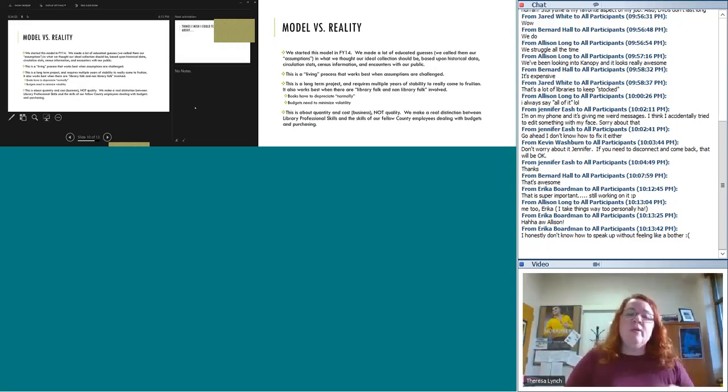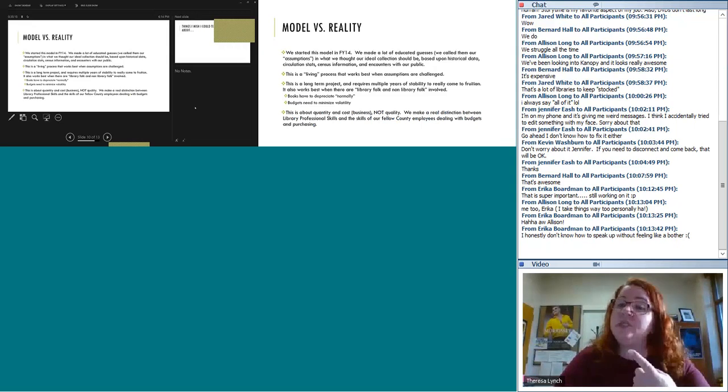And again, I really want to stress here that this is about book quantity and book cost, not quality, although obviously that is important. This is not our collection development plan. This is a financial model that helps us predict what our budget should be.